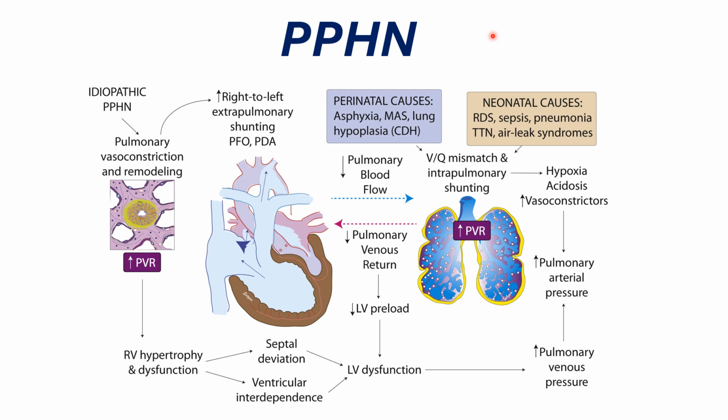The preductal and postductal saturation difference is more than 10%. It's basically comparing the right hand, which is preductal, versus the foot, which is postductal. And there might also be signs of right heart strain, which are hepatomegaly and tricuspid regurgitation.